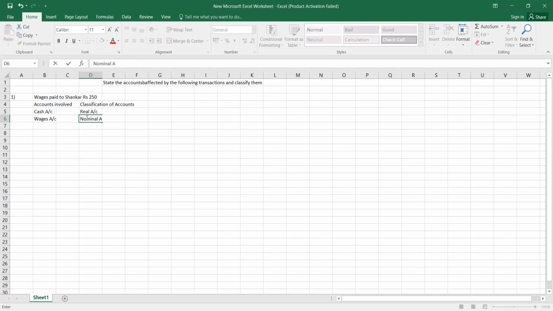So first we need to understand what accounts will be involved and the type of account. So this is how the first aspect of accounting, that is the journaling of the transaction, takes place.